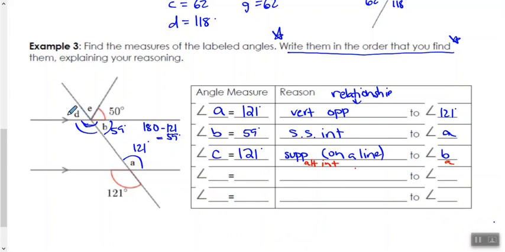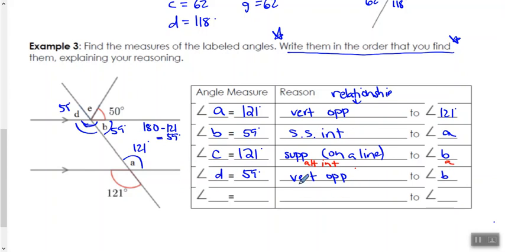I also could have figured out D instead of C there, because I know that angle D is going to be 59 degrees because it is vertically opposite to angle B. And there's other ways I could have figured out D as well.